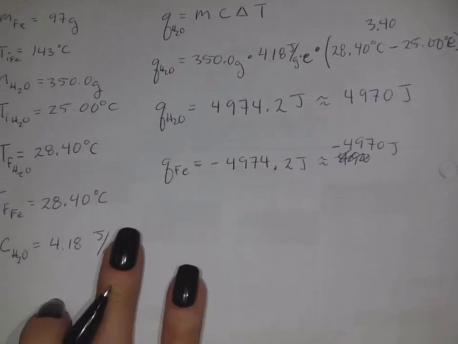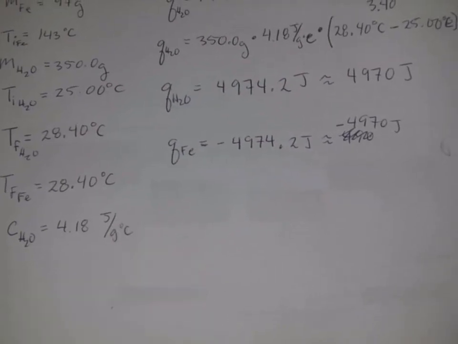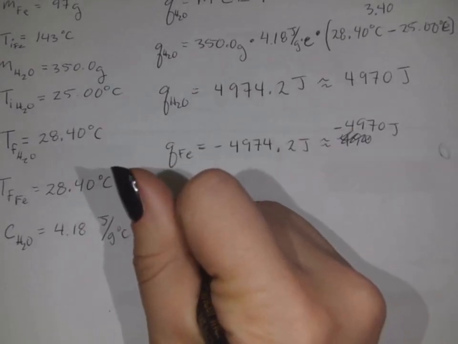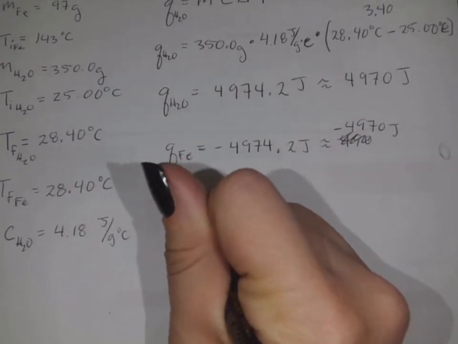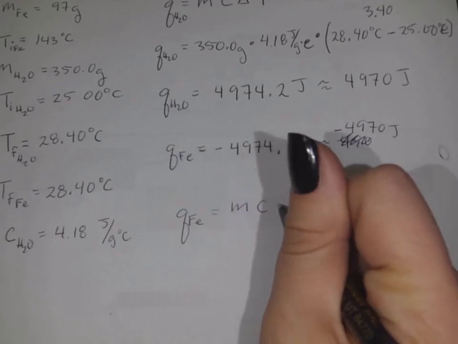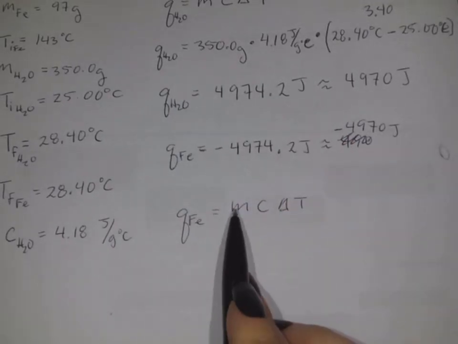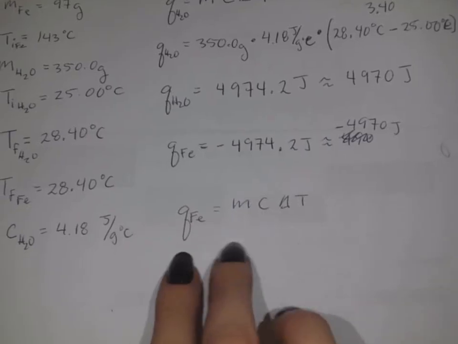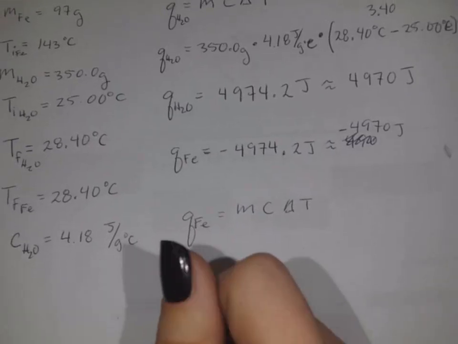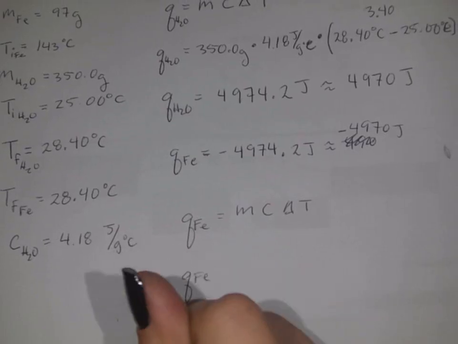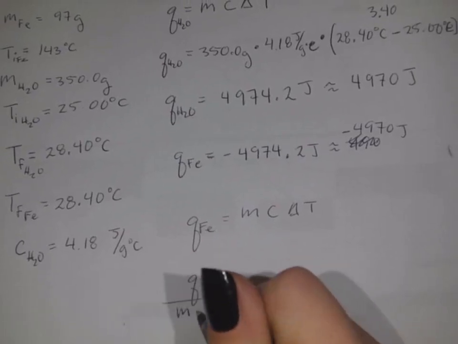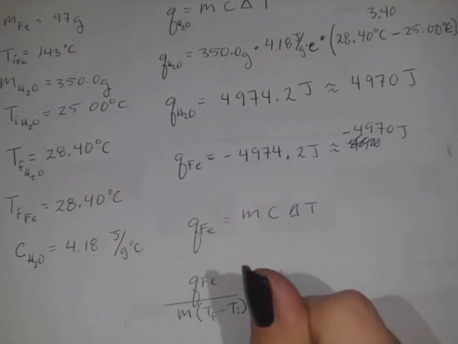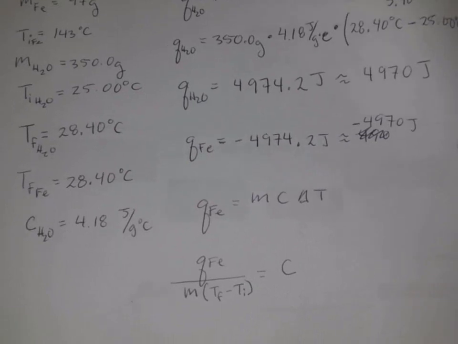And then, what is the specific heat of iron? If I go to my list, I can probably find it, but what if they don't tell me? I know what the Q value is for iron, and I know it's going to equal mcΔT. And I know what the mass of iron is, and I can figure out ΔT. So I'm going to divide this. If I take the Q of the iron, divide it by the mass and then the ΔT, which is temperature final minus temperature initial, that will equal the specific heat.